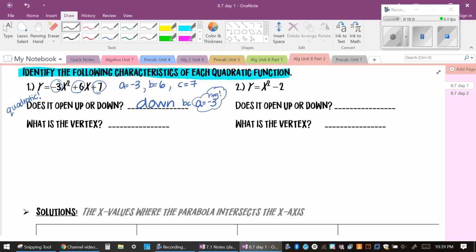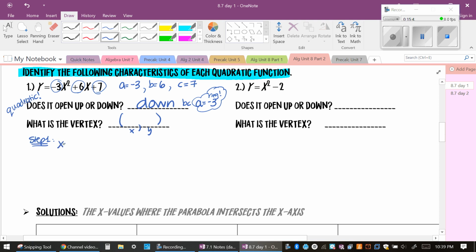Now to find the vertex, I need to do 2 steps. Remember, a vertex is an ordered pair, so I'm going to have it set up as x comma y.